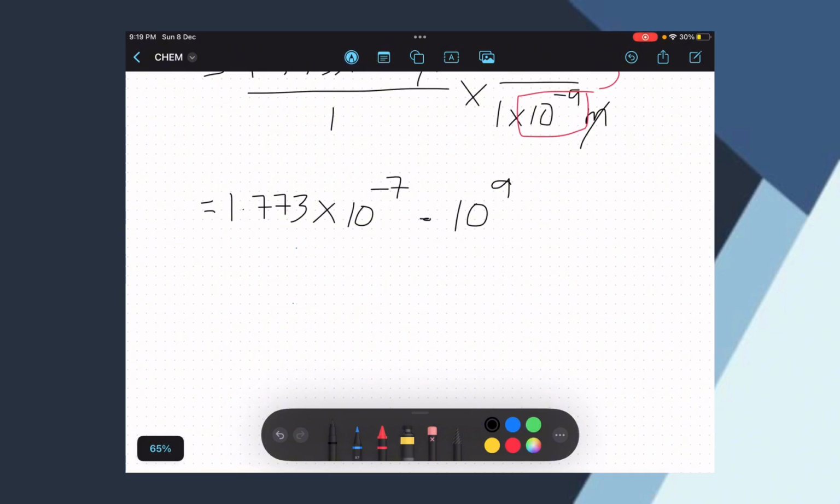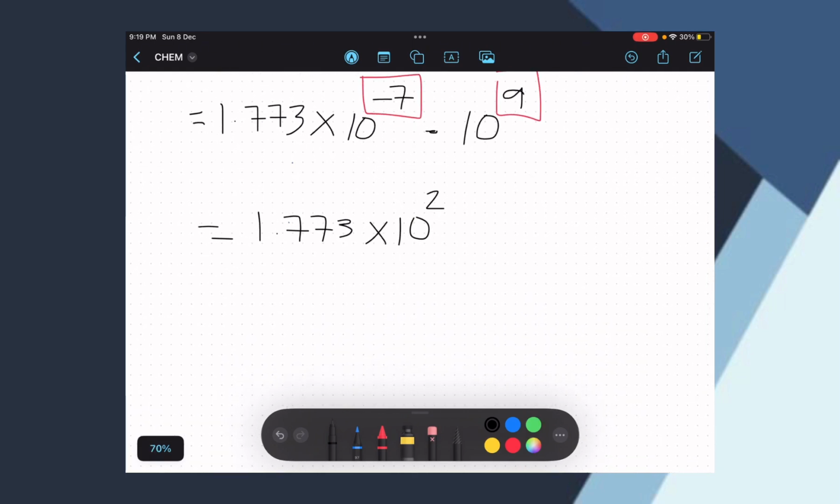In the rules of multiplying with exponents, you can add the exponents. So if we multiply this, it will become 10 to the power of positive 2. We all know that 10 squared is simply 100. So we can write this as 177.3.